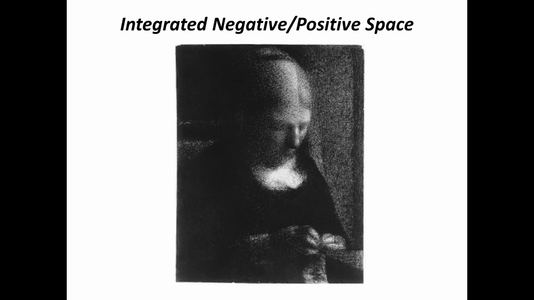Here's another piece. I believe this is a print of a woman who is doing embroidery. Kind of difficult to tell what she's doing, but we know she's doing something with her hands. And a great example of integrated negative positive space. For example, the back of the head. We've got enough visual information here that we can make out that this should be the back of her head. Same thing with the arms here.